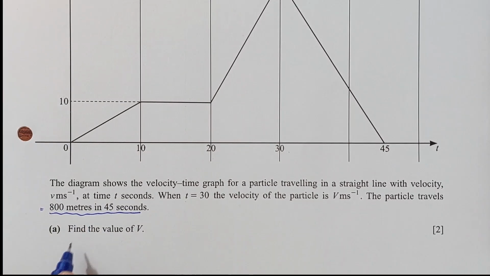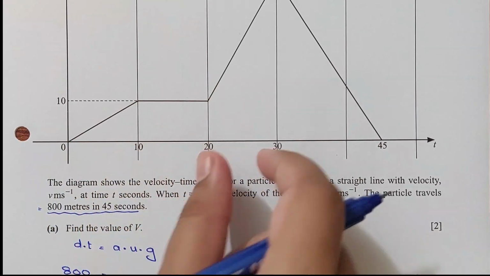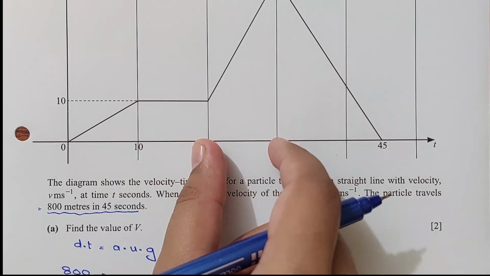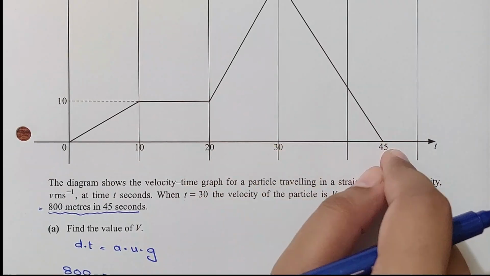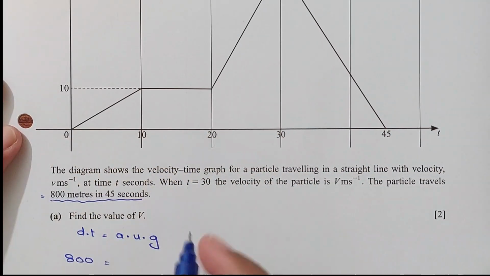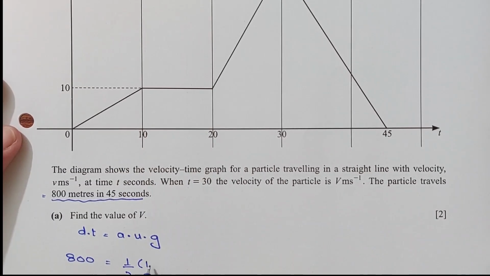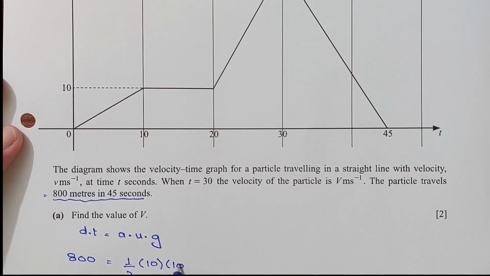Okay, so we have been given the total distance travelled. Distance travelled in a velocity time graph is equal to the area under the graph, right? So the distance travelled is 800. This would be equal to the area under the graph. This shape is a triangle, a square, a trapezium and another triangle. So the area of this triangle between 0 and 10 is half, the base is 10 and the height is 10.